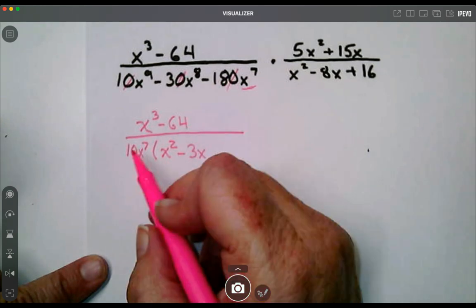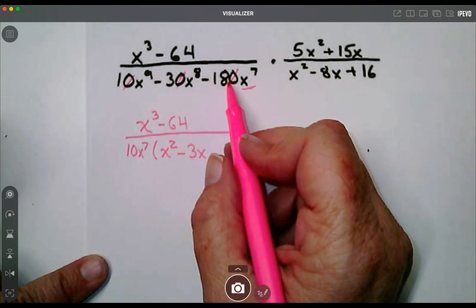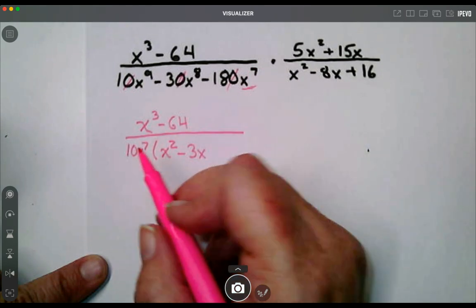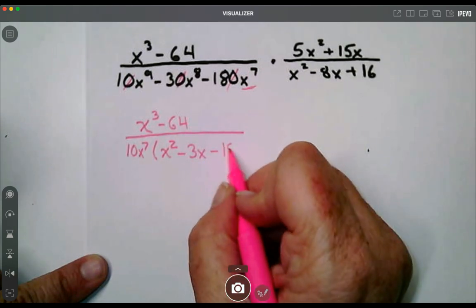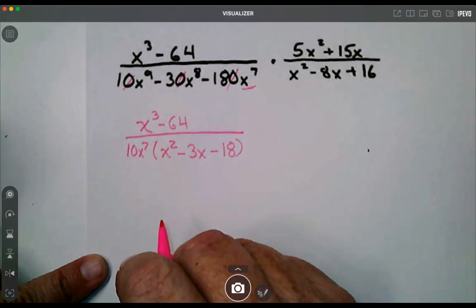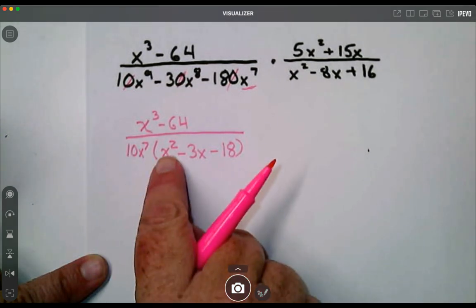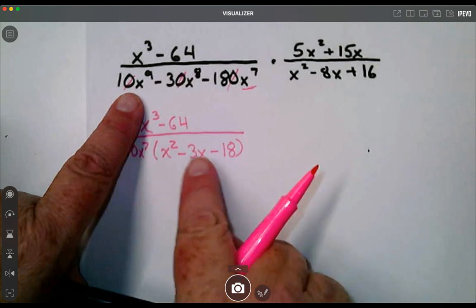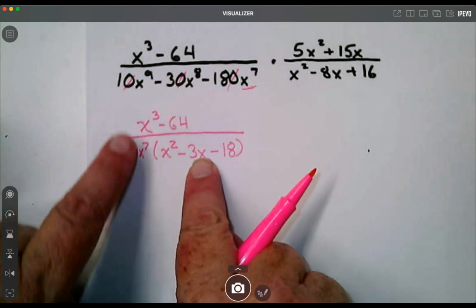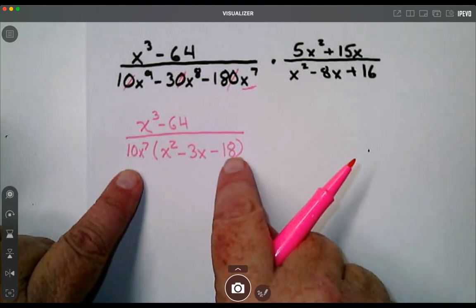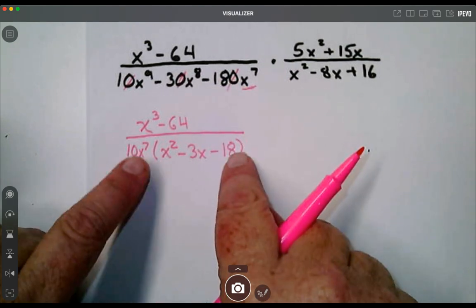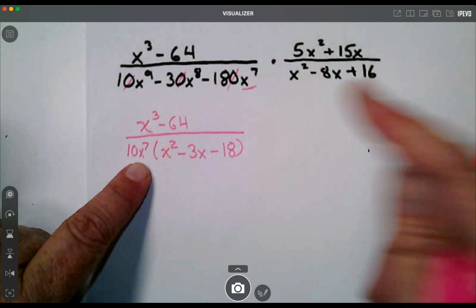And then 180 divided by 10 is going to be 18, and the x to the power 7s are taken care of. And that gets me 10x squared. If I multiply it back, I'd get 10x to the 9th. 10 times 3 is 30. x7 times x is x to the 8th. 10 times 18 is 180. And x to the 7th, x to the 7th. I got it.